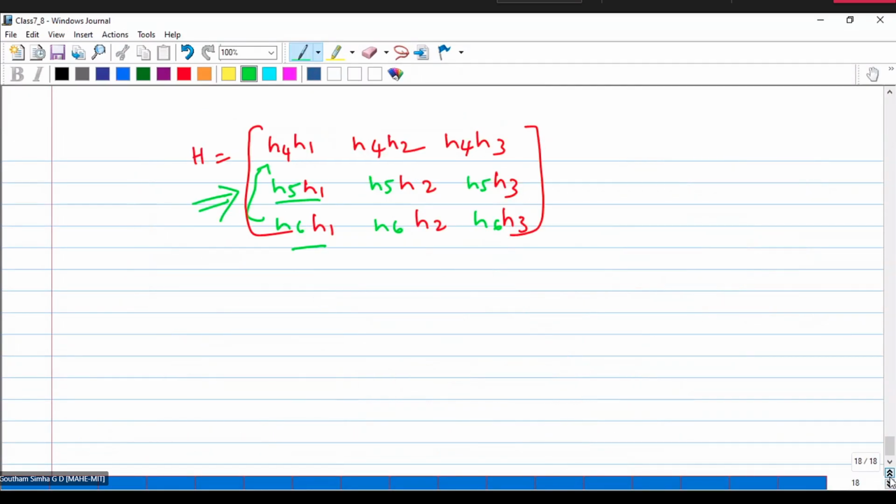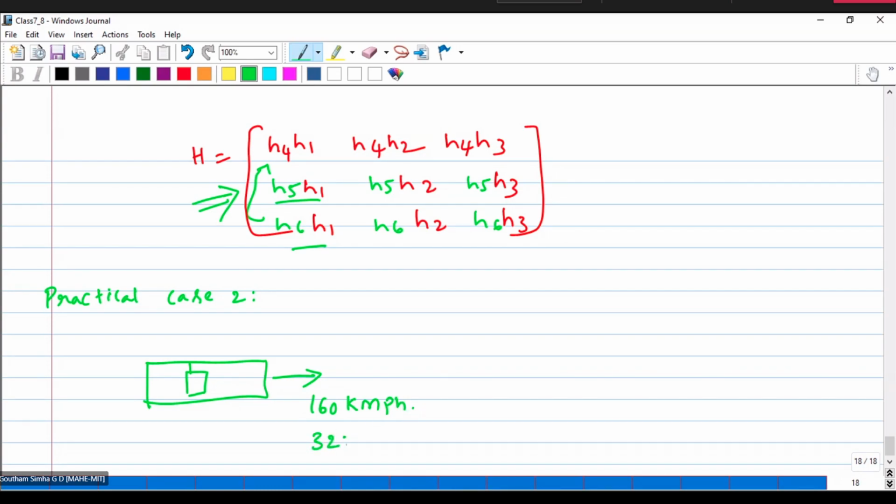Now, one more practical example I will give you. Now you are on a train. Let's assume this is a train, and you have a mobile device. Now it is traveling at a Doppler speed of somewhere around 160 kilometers per hour to around 320 kilometers per hour.